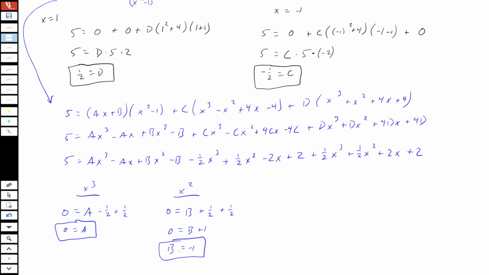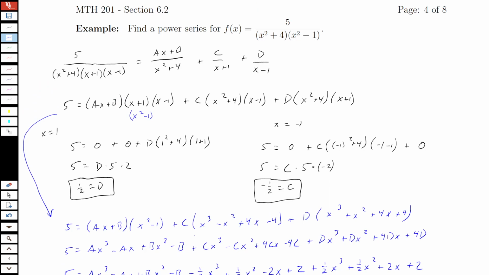Okay. So now I have my partial fraction decomposition, right? b is negative 1, a is 0, so we have negative 1 over x squared plus 4 plus a negative half over x plus 1 plus a positive half over x minus 1.